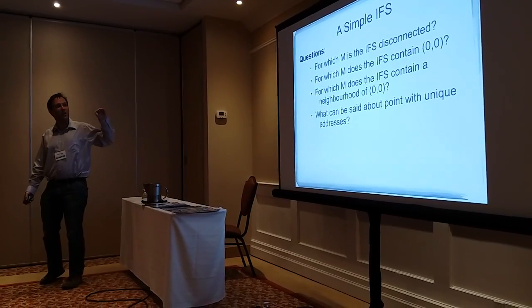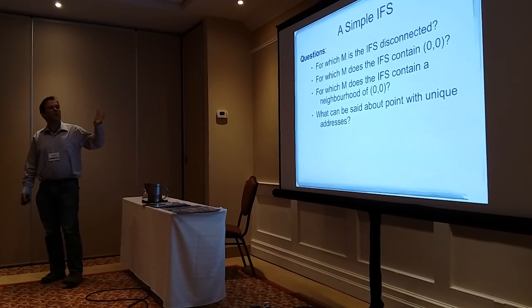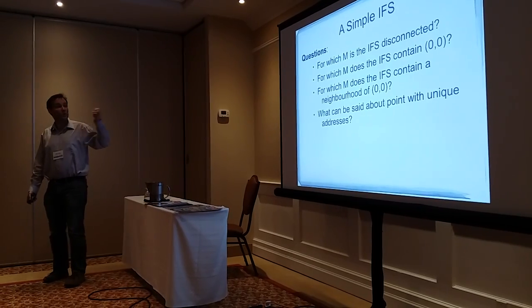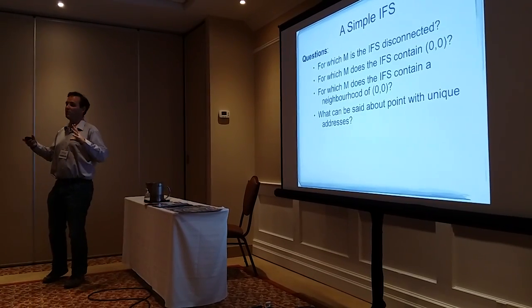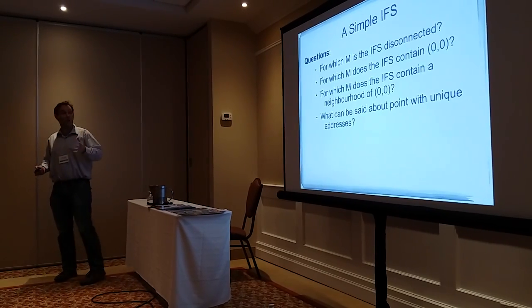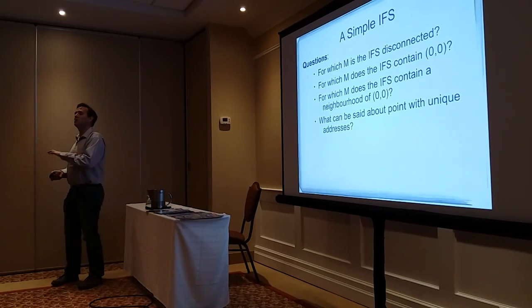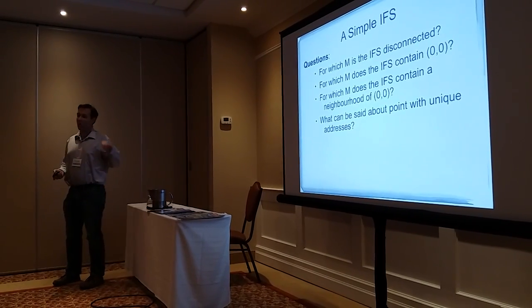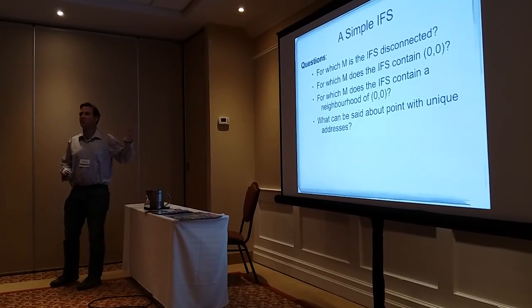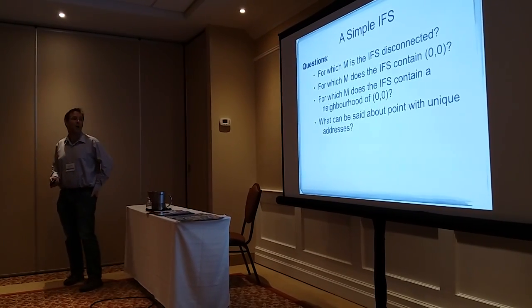Actually, we cheat here, because it's easier to ask: does it contain 0,0, or does it contain a neighborhood of 0,0? It's not quite the same as saying, does it have interior? But if it contains a neighborhood of 0,0, it definitely has interior. I have no idea if there's an example the other way around, where we have an IFS with this simple construct where it has interior but does not contain 0,0.